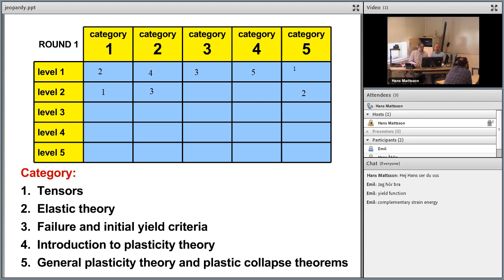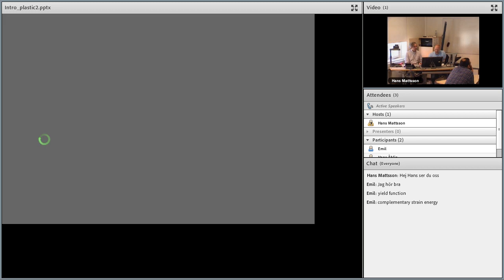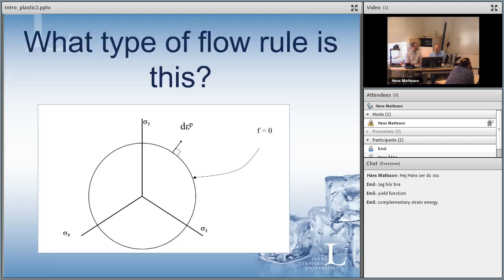Group number 4 chooses category 4, level 2. This one. Okay, here comes the question. What type of flow rule is this?